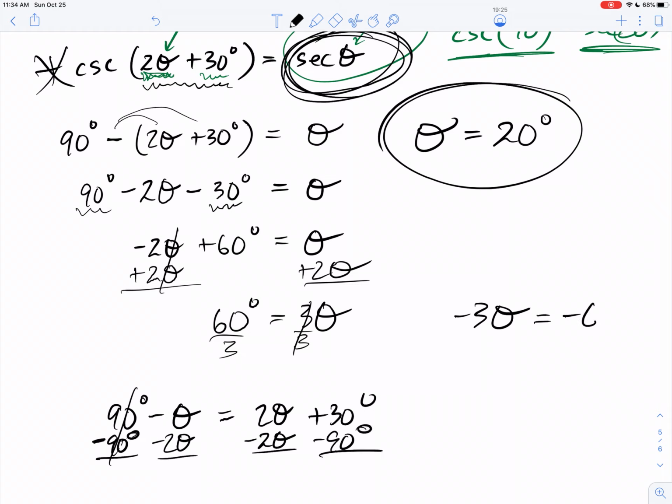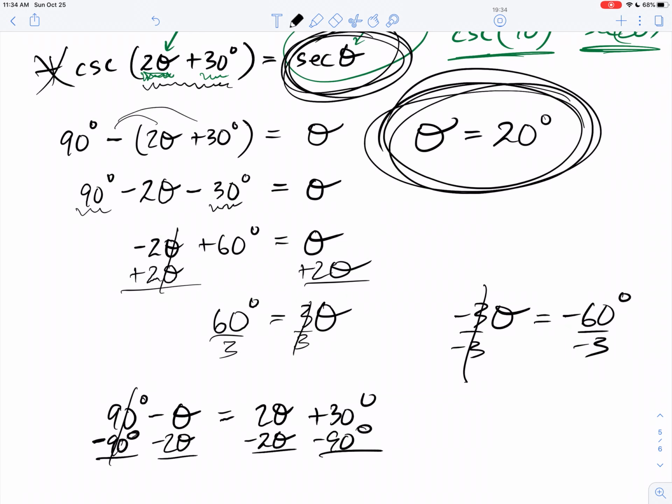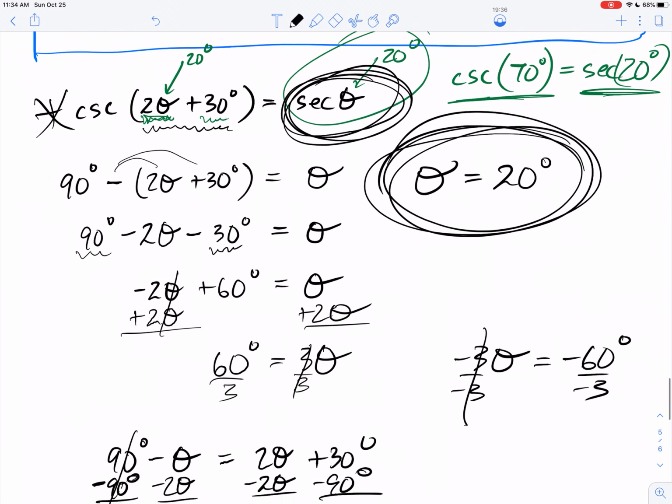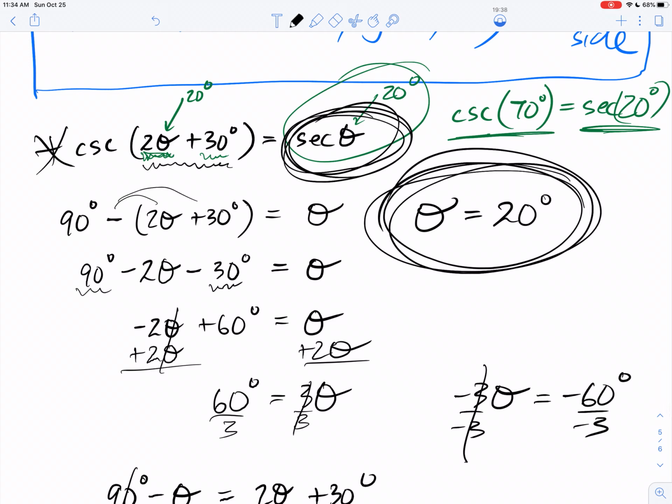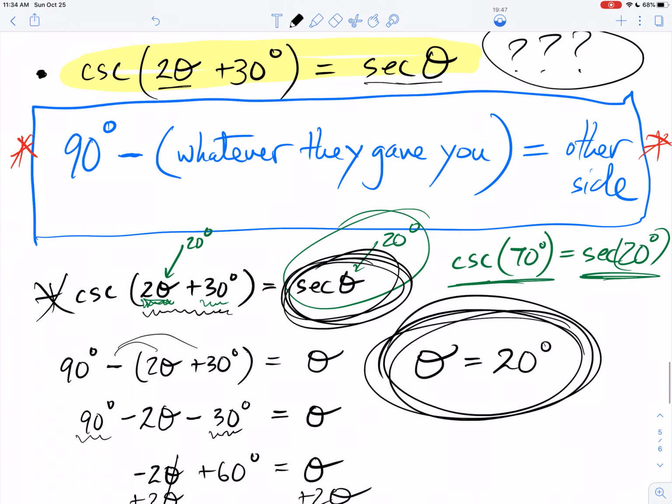I'd get negative 60 degrees. And then I'd divide both sides by negative 3. Hey, I still get the same answer. So what I'm trying to say is, when you see something that looks like this cofunction stuff, and they want you to find the missing angle measurement, what do you do? You say 90 degrees minus whatever they gave you equals the other side. That's what you do.